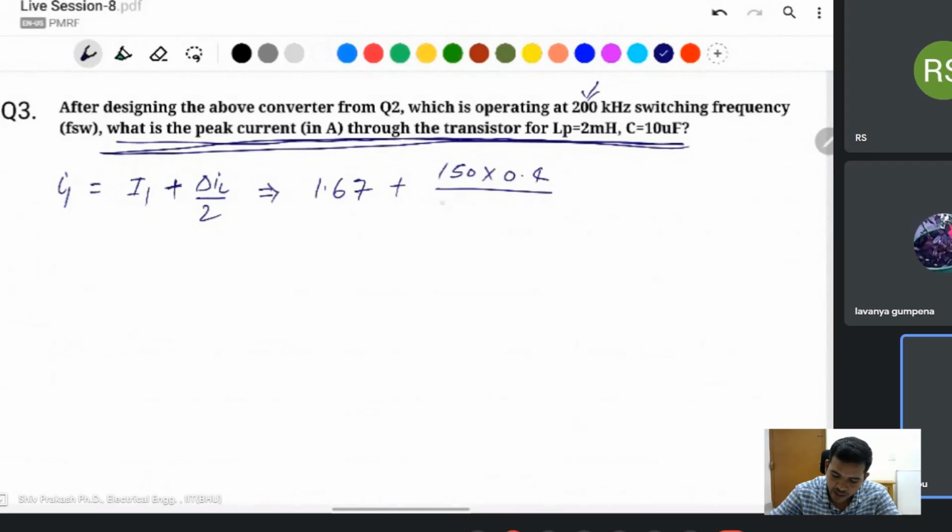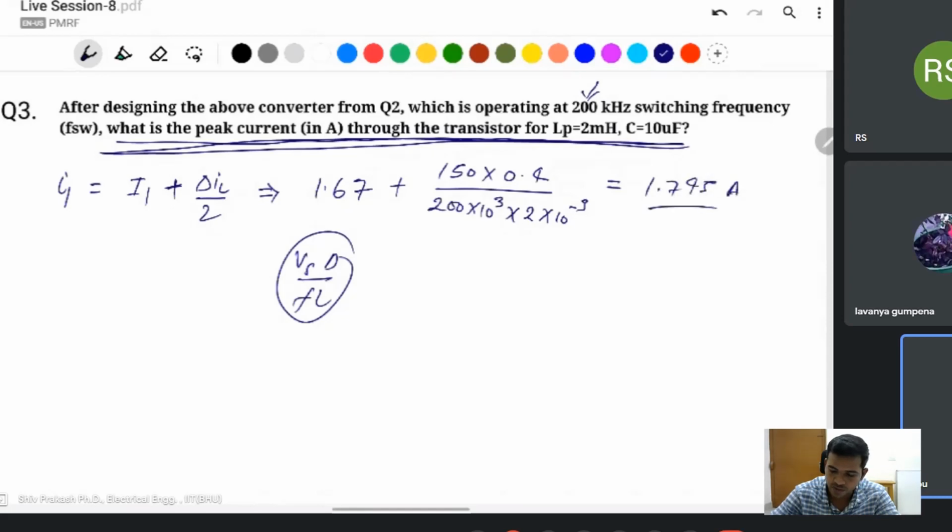Frequency is given as 200 kilohertz, 10 to the power 3, and 2 millihenry, 2 into 10 to the power minus 3. Vs D divided by FL is delta IL. Then you will calculate this as 1.745 ampere. This one is the maximum, the peak. Peak means average of current plus delta IL by 2.